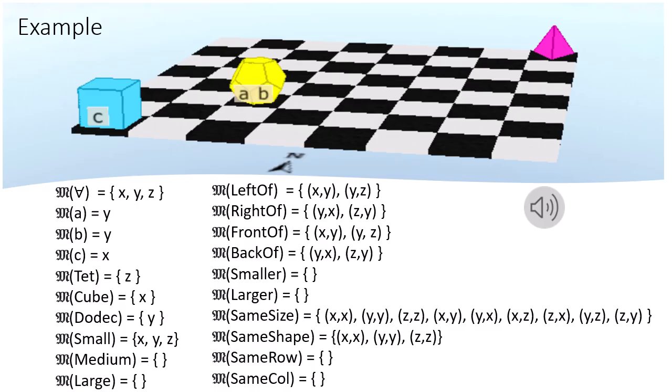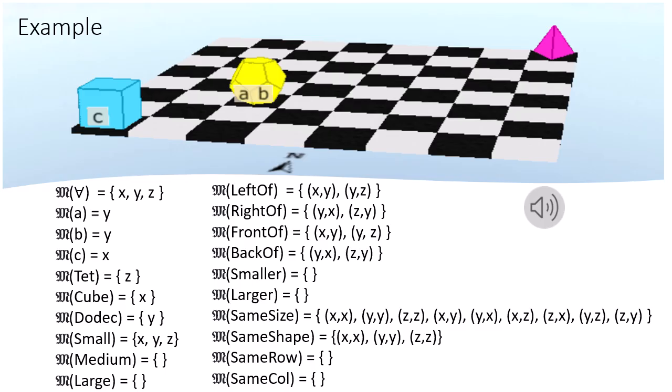And then for the binary predicate left of, we should start now getting out some ordered pairs. Here we include the ordered pair XY because that blue cube is to the left of that yellow dodecahedron. And then we include the ordered pair YZ because that yellow dodecahedron is to the left of that pink tetrahedron.